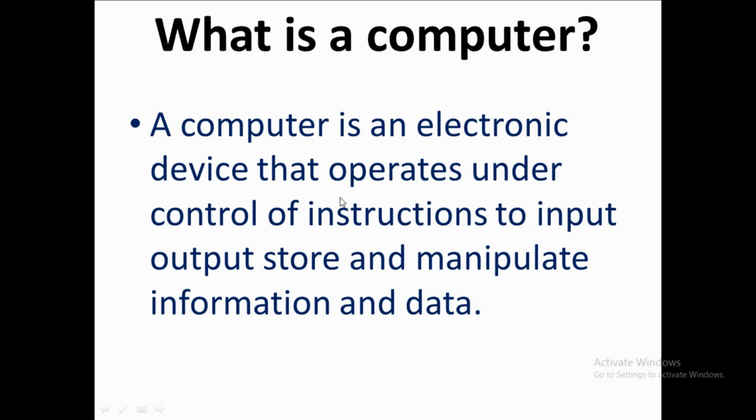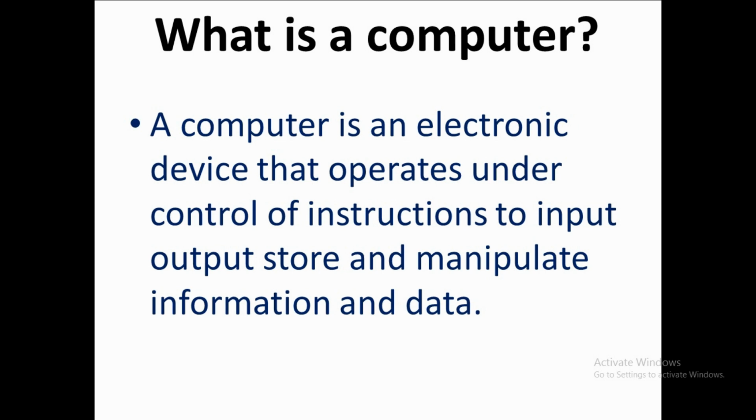A computer itself is an electronic device. It is a device that uses electricity, and that is where we get the word electro. That's why it is called an electronic device.